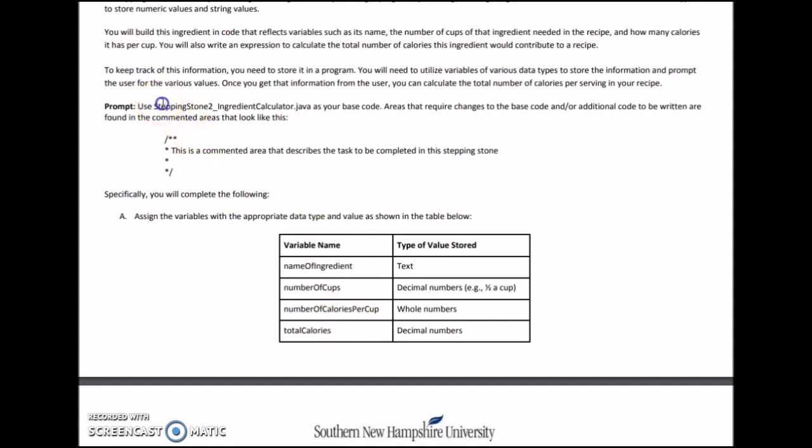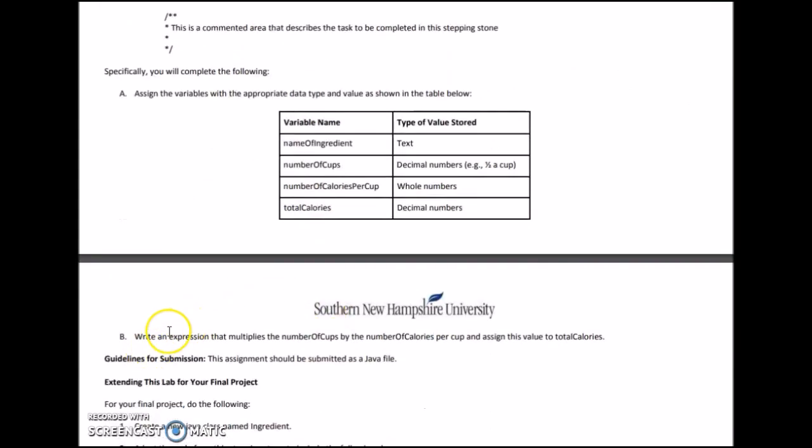Again, start with the Stepping Stone 2 ingredient calculator.java file, modify it, assign the appropriate data types to each of these variables, and then the final step, you're going to write an expression that multiplies the number of cups by the number of calories per cup and assign that value to the total calories variable. That's the second step where you can actually do some arithmetic in Java. All of that is going to be done in that file, and this is something you're going to submit.